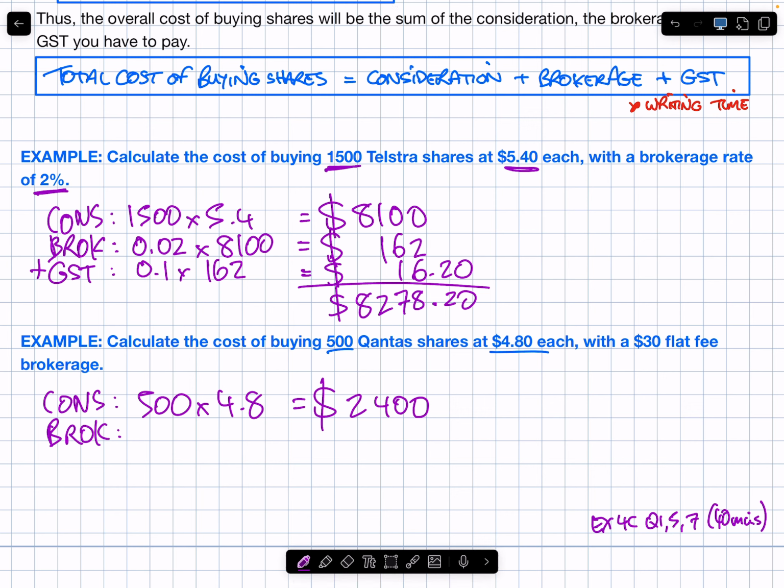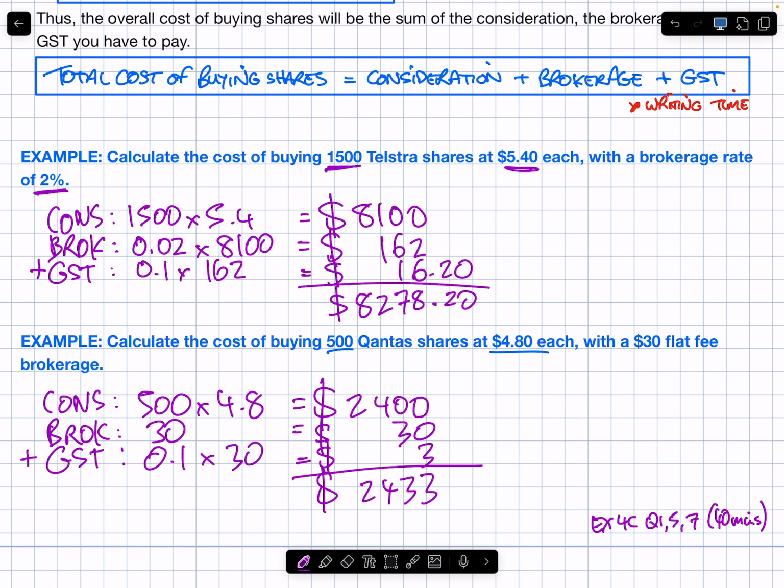Do I need to do any maths to work out what $30 is? No. So you just have 30 there. And then GST, you're adding that. 0.1 of 30 is going to be $3. Add them vertically. So the Qantas is going to cost me $2,433 to buy $2,400 worth of Qantas shares.